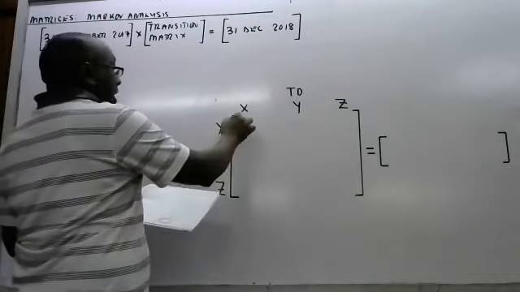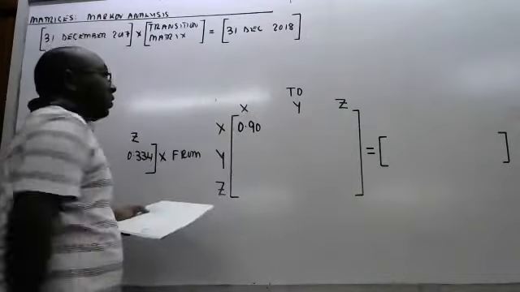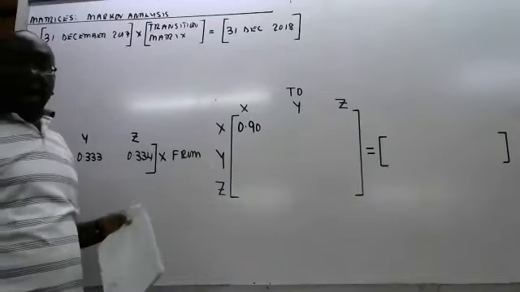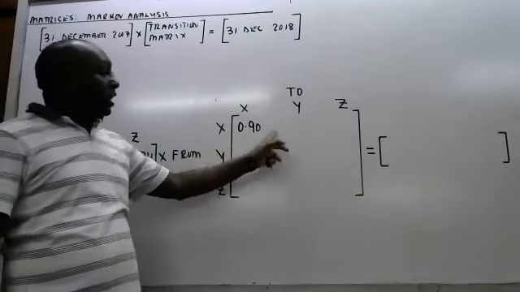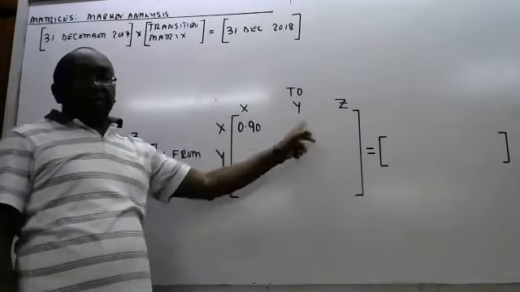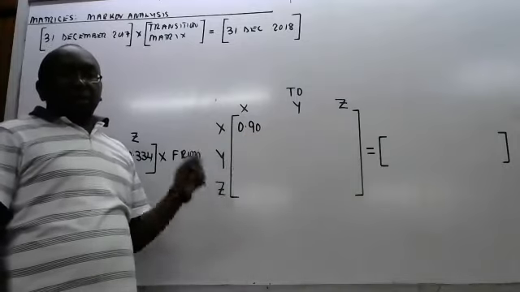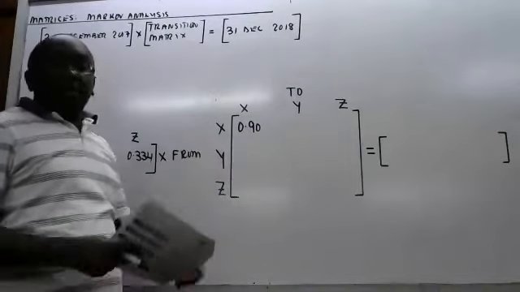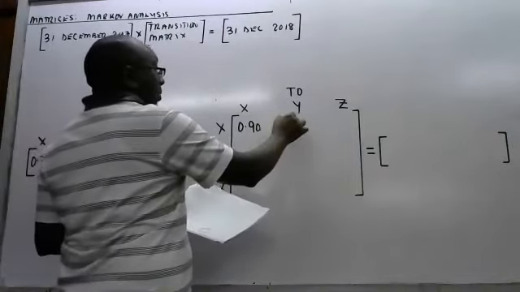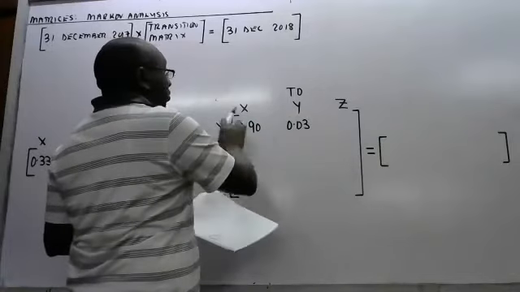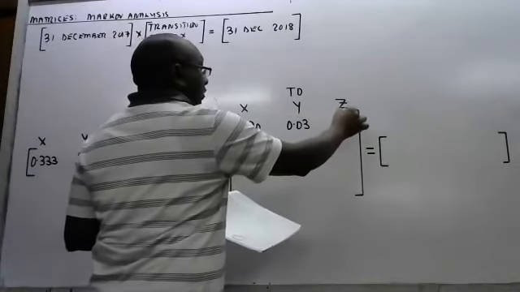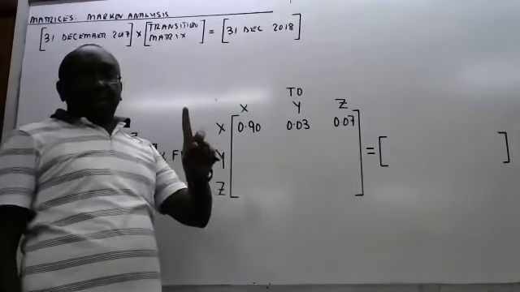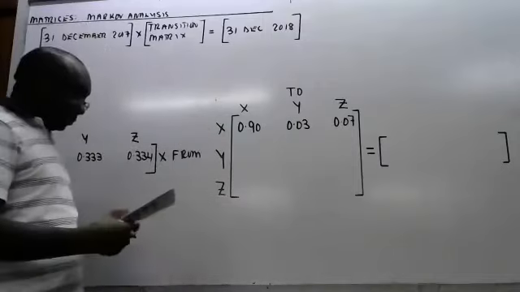So if it retained, that means it had 0.90 there. It lost 3. Now I told you losses are recorded in the row and gains are recorded in the column. So when you are told it lost, then it is from X to Y, 0.03. And from X to Z is 0.07. Remember, I've told you these ones must always add to 1.